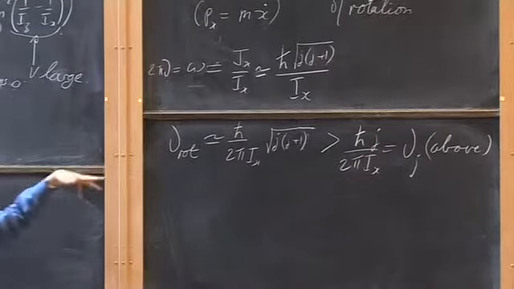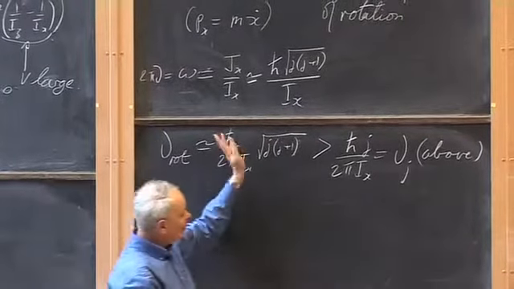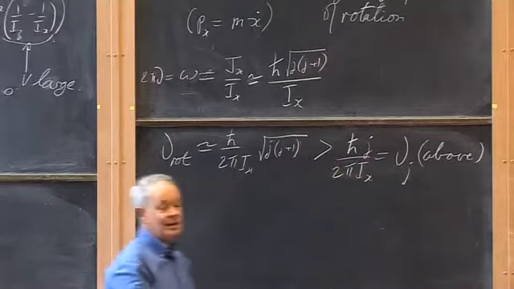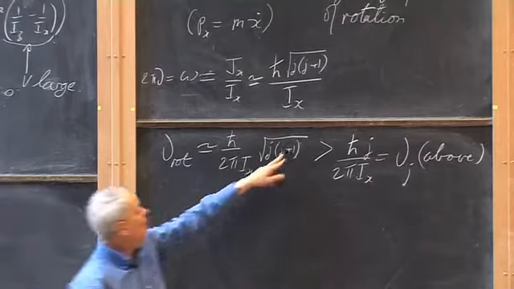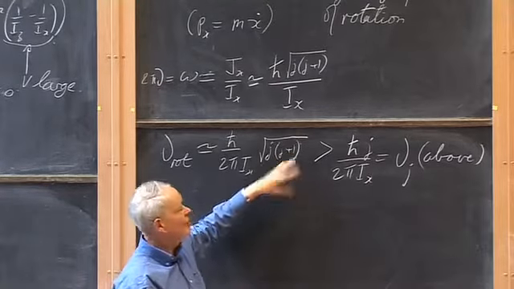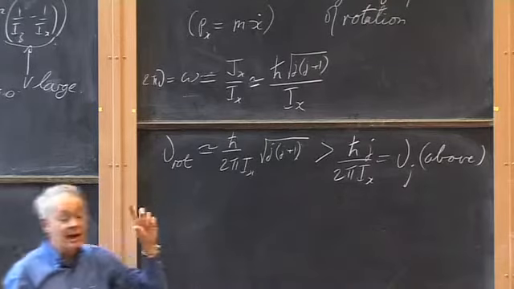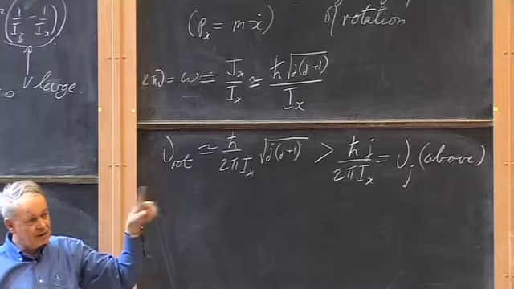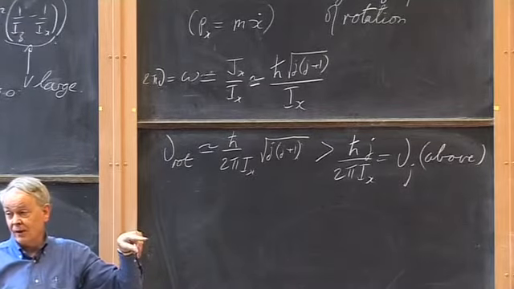So in its upper state, its rate of tumbling on this classical picture will be slightly larger than the frequency at which it emits the light. And you can check that in its lower state, we would have a minus sign here, a minus 1, so it would be just a bit below the frequency it emits the light. So the light is in fact emitted at just the average of the expected rotation tumbling rates at the upper and lower levels, which makes, I think, perfectly good physical sense.